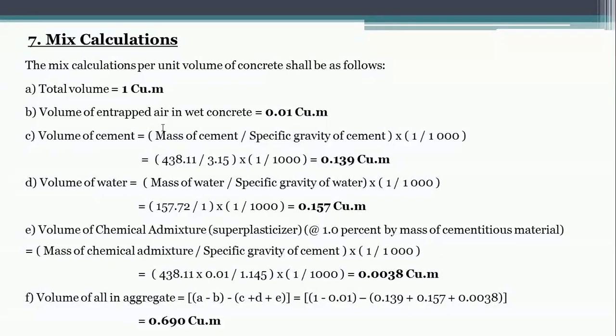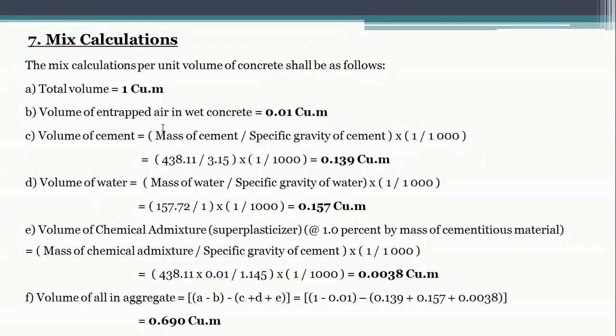You can see in the test data it is given. Even if it is not given, it is a standard one, 1.145 into 1 by 1000. If you calculate, you will get 0.0038 cubic meter. You can check all these calculations once the video is uploaded.